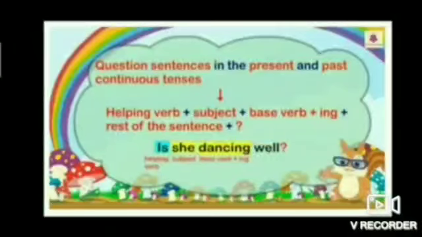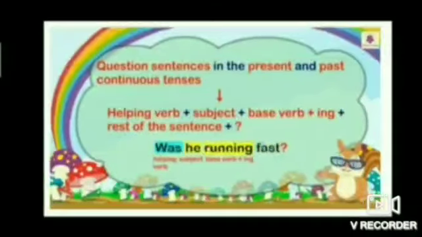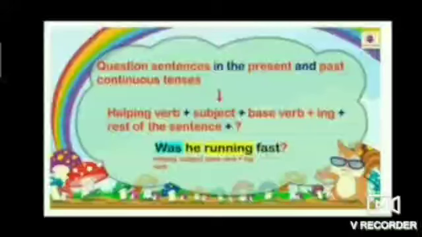Students, in this sentence, is is the helping verb, she is the subject, and dancing is the base verb with ing. Okay, students? One more example. Was he running fast? Was in this sentence is a helping verb. He is the subject and running is the base verb with ing.